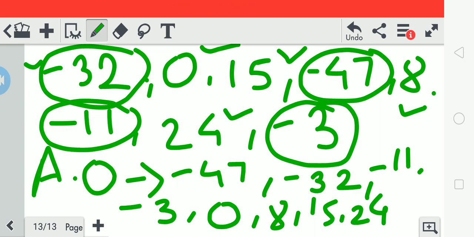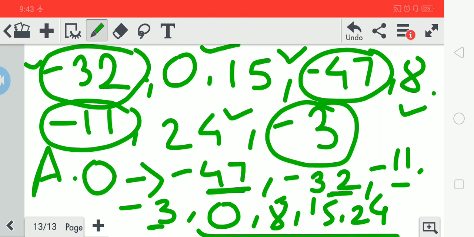Whichever number is at the left side on the number line, you have to take first. Like minus 47 is at the left side, then minus 32 is at the left side of minus 11, and minus 11 is at the left side of minus 3. And from 0 to 24, normally we have done ascending for the positive numbers, and the same way you have to apply for the positive ones.